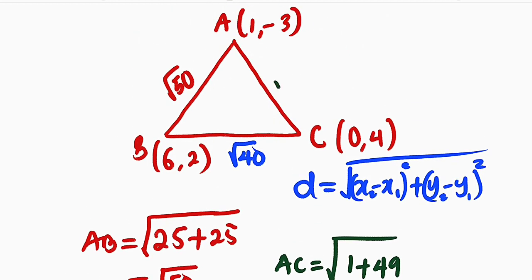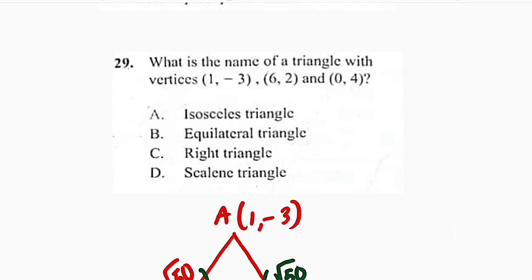So if you observe, this side length and this side length are exactly the same. And once you have two side lengths equal, it means that the triangle is an isosceles triangle, which is option A. Now let us move on to the last question for today, which is question number 30.